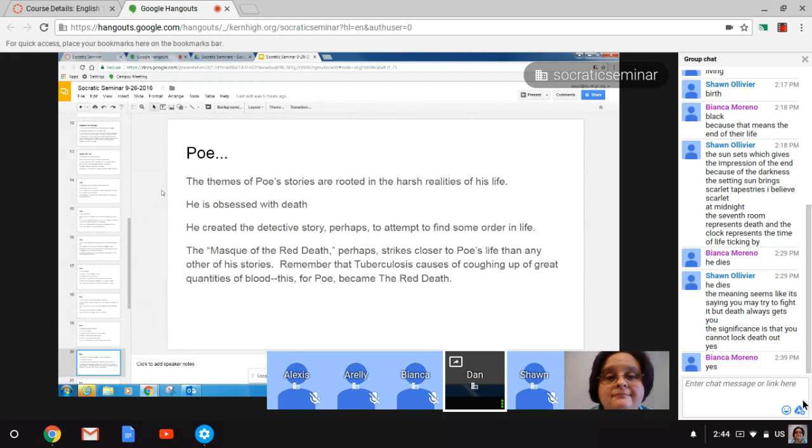And this, for Poe, became the Red Death. So tuberculosis, for Poe, became the Red Death. That's why Masque of the Red Death is named what it is. So we could say Masque of Tuberculosis.